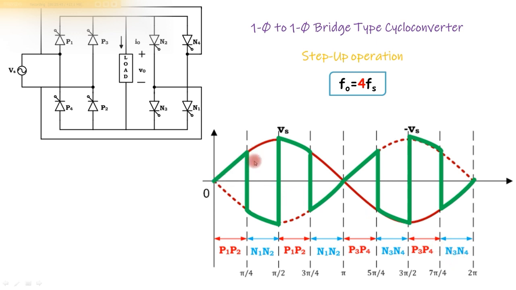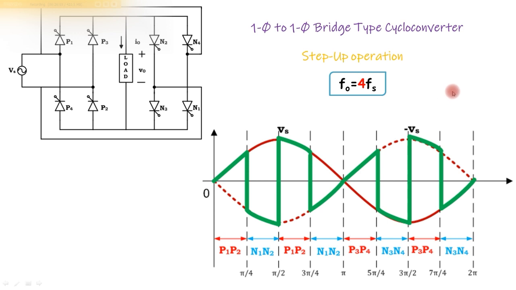So there are 1, 2, 3 and 4 cycles of output for one cycle of input. So that is the step-up operation of the cycloconverter.